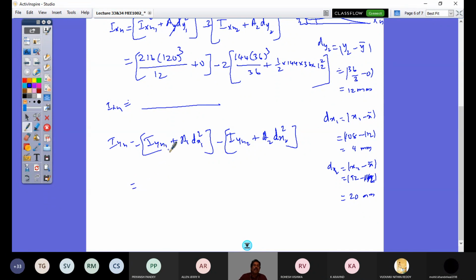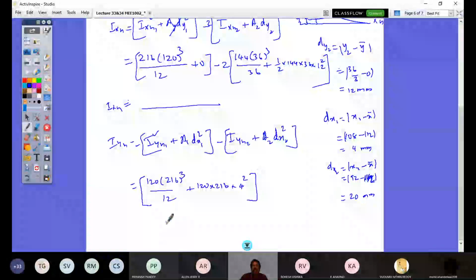So it's very straightforward, IYG1. The dimension of the rectangle is depth d, b cube by 12. So d is 120, b is 216, cube by 12. That is the first term, plus area, that is 120 into 216, into dx1, that is 4 square. That minus IYG2.